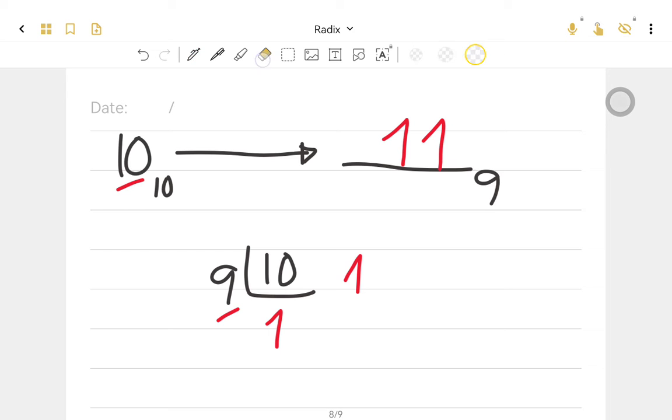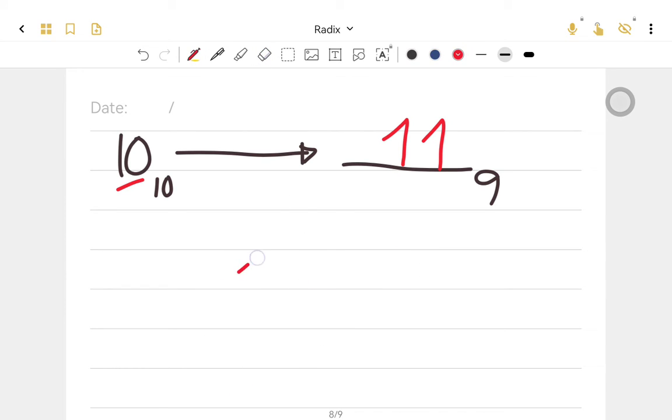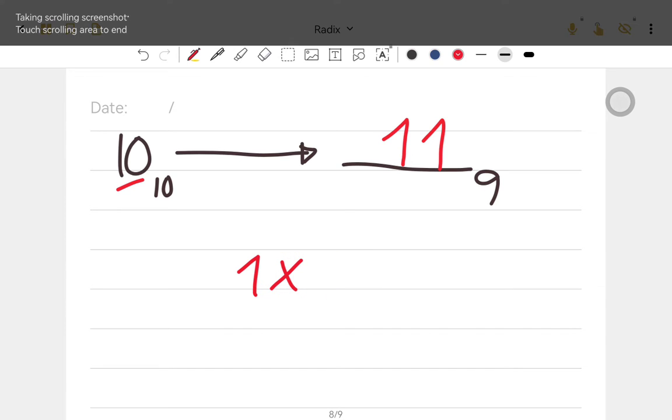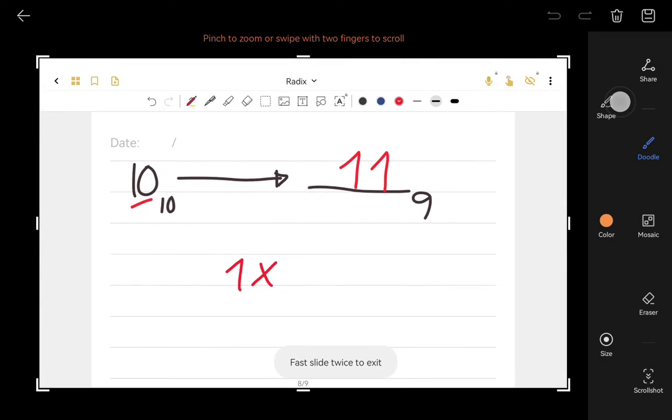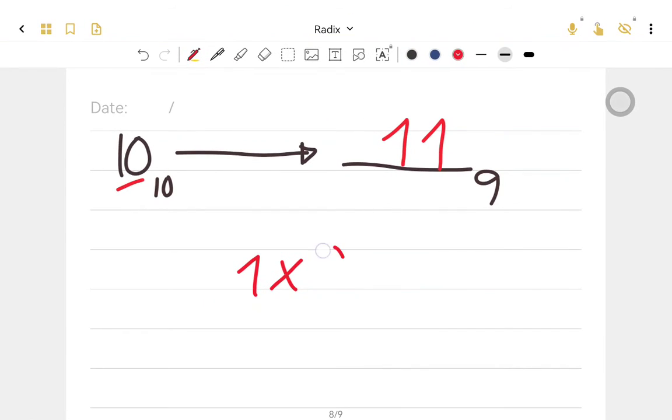To check if our answer is correct, we have here 1 times 9 to the power of 0 will give you 1.